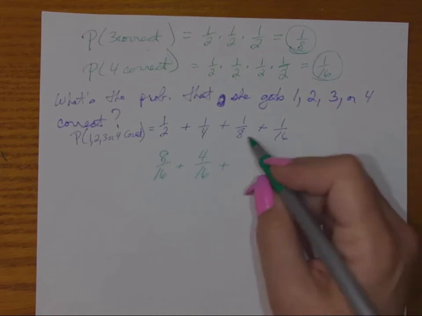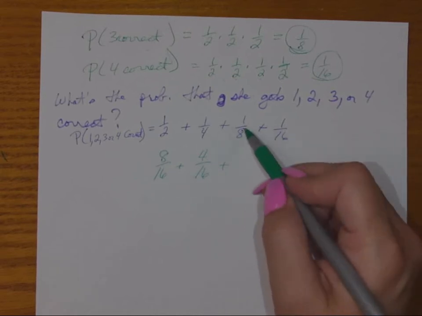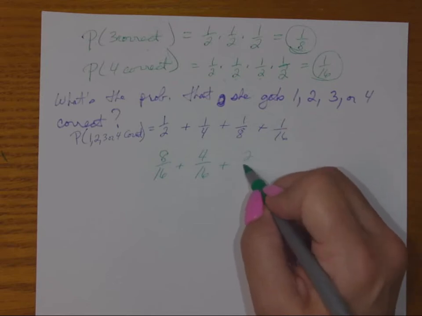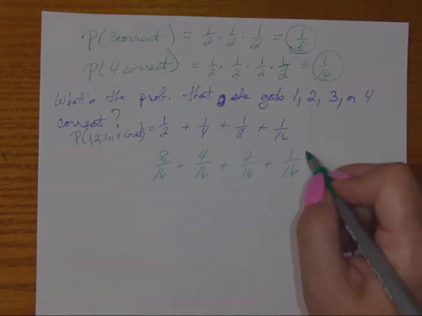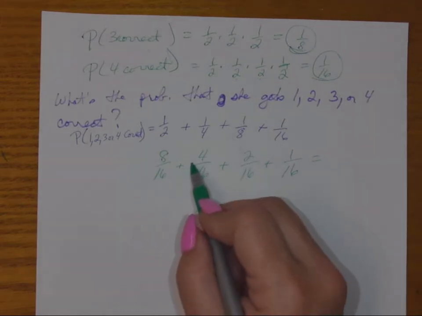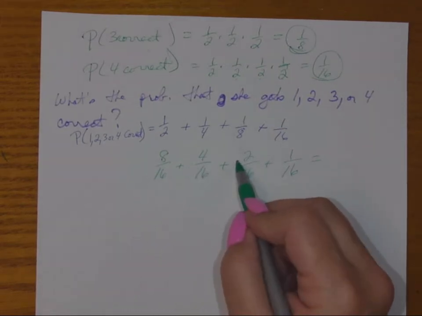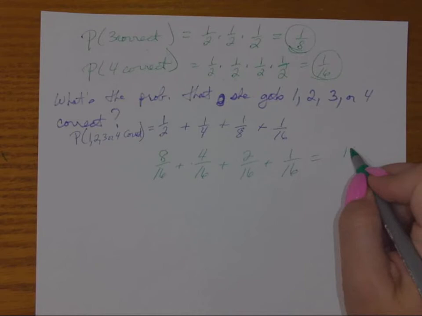Get your common denominators, get an equivalent fraction. 1/8, this would be times 2 over 2, so this is 2/16, and this is 1/16. So 8 plus 4 is 12, plus 2 is 14, plus 1 is 15/16.